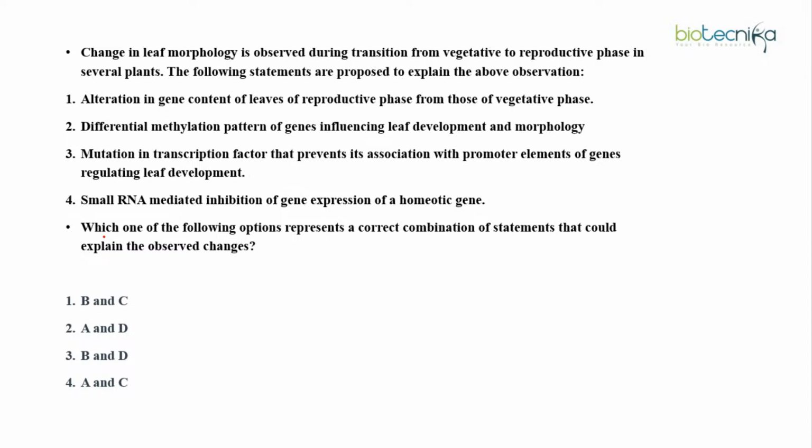Mutation in transcription factor that prevents association with promoter elements of genes regulating leaf development, and small RNA mediated inhibition of gene expression of a homeotic gene. Which one of the following options represents a correct combination of statements that could explain the observed change? So, which one do you think is correct here?